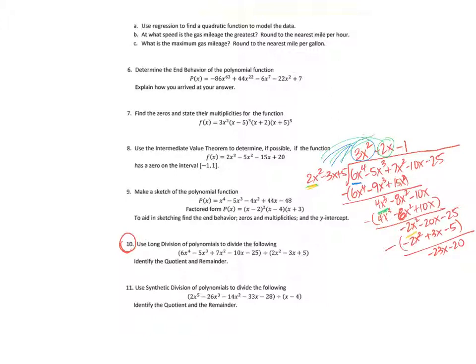And so then we want to identify the different pieces. So this up here on the top, that's our quotient. Okay, and then this down here is related to our remainder.